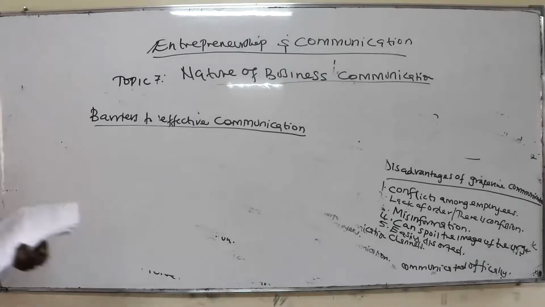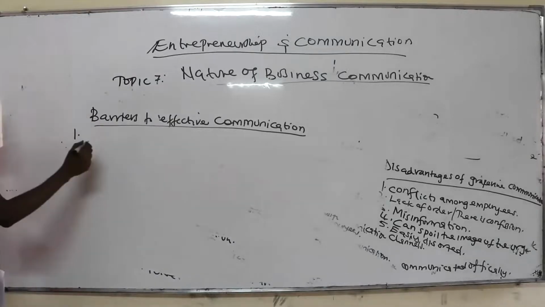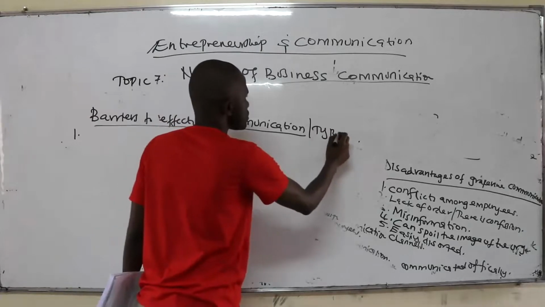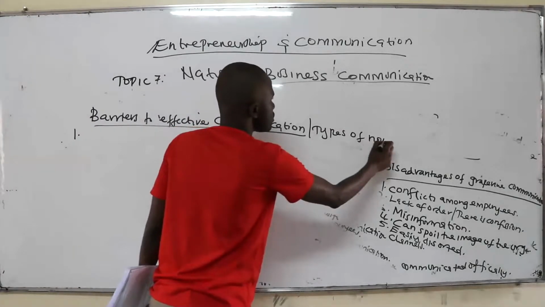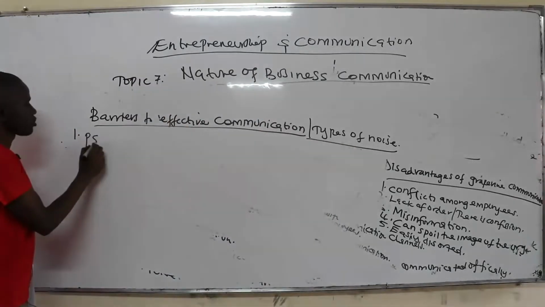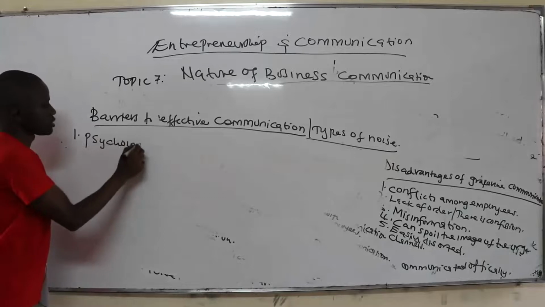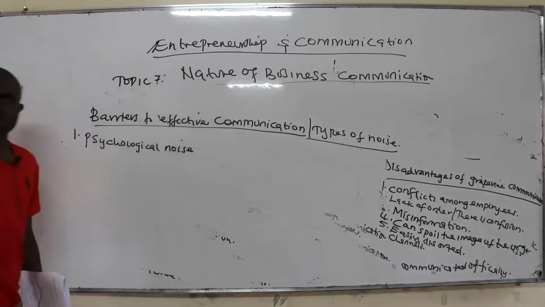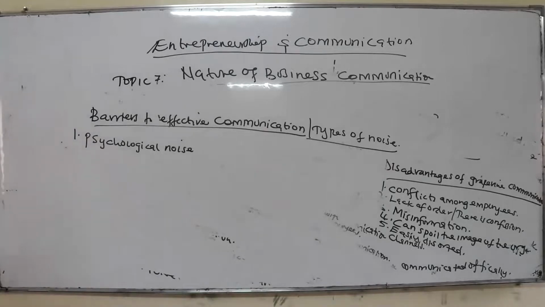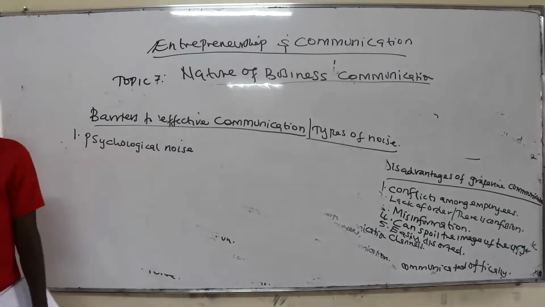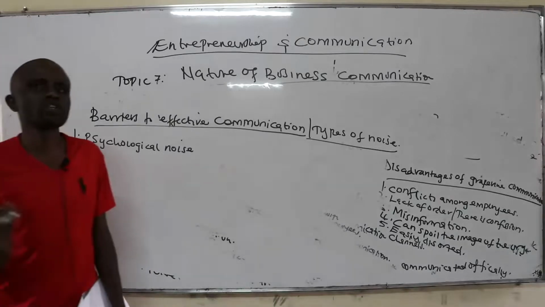When we talk about noise, we can look at types of noise. Number one, we talk about psychological noise. What do we mean by psychological noise? The attitudes you have. For instance, I come here and you have bad attitudes about me, the entrepreneurship and communication lecturer.